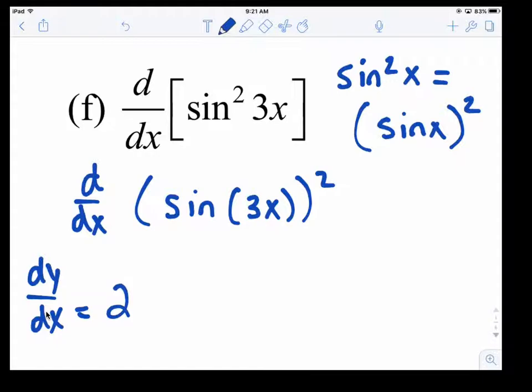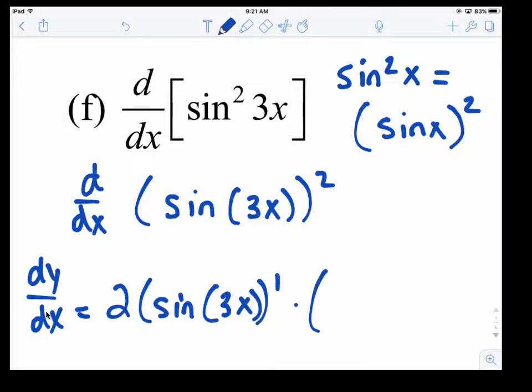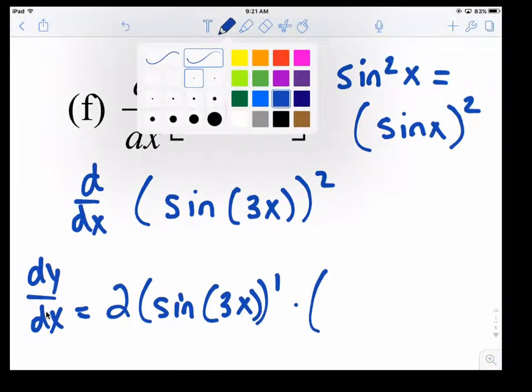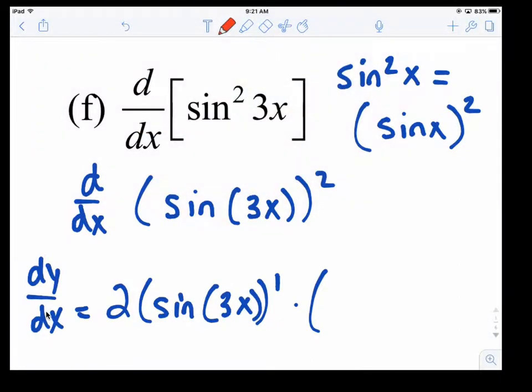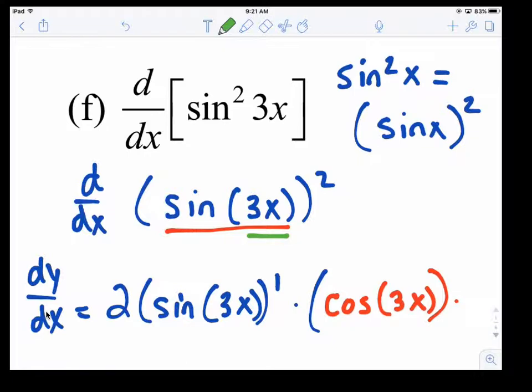I have 2 sine of 3x to the first times the derivative of sine of 3x, which would be cosine of 3x, times the derivative of 3x. 3, right?